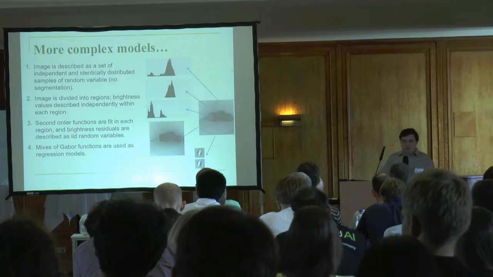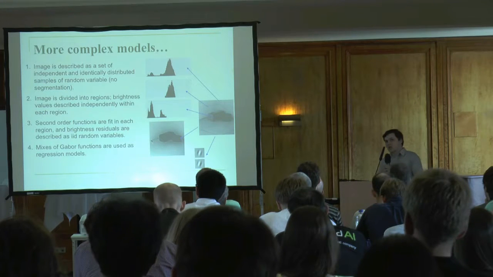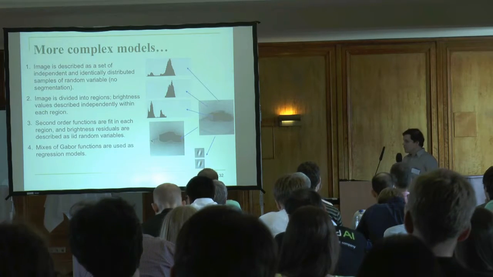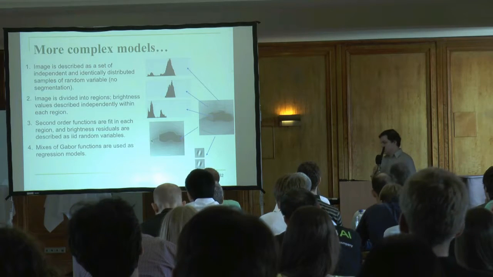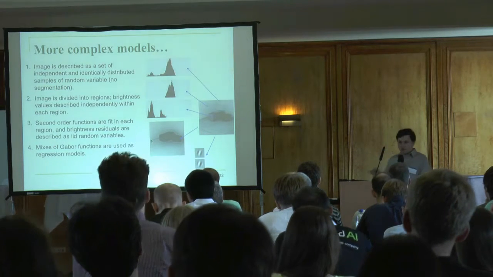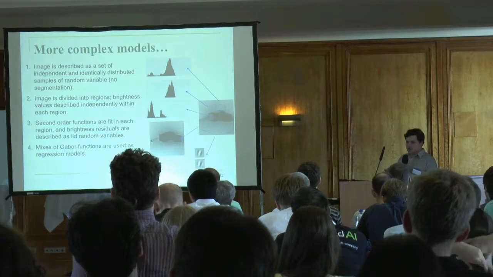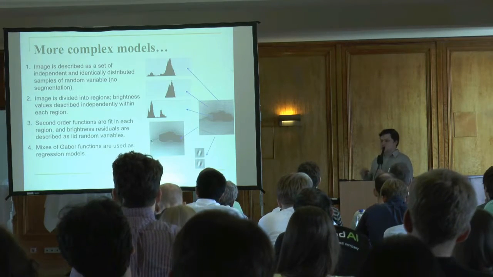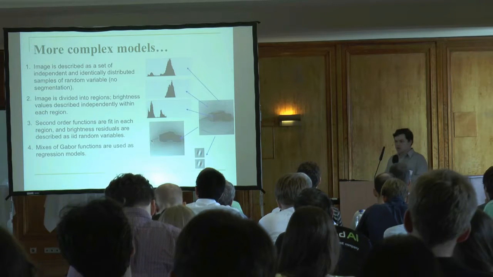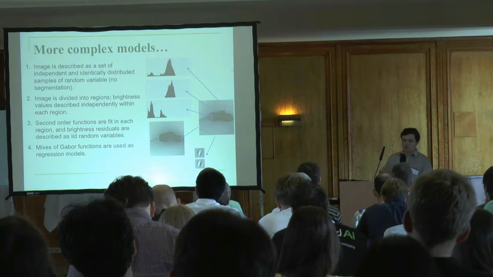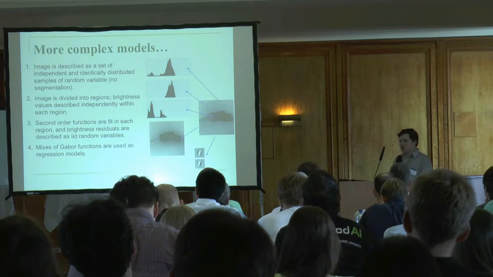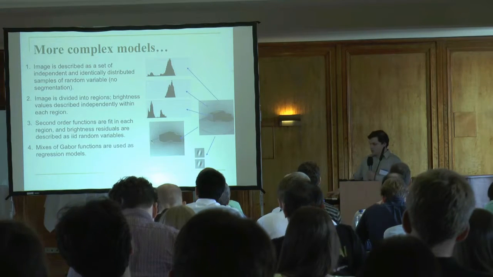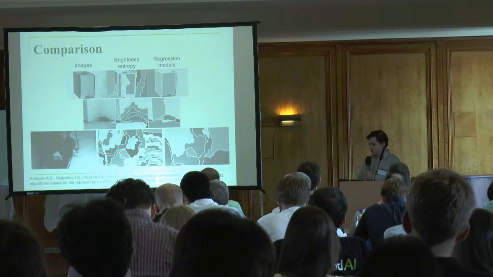Of course, we can develop some more complex models for describing image contents. For example, we can approximate each region in the image using its own regression function, and we can use, for example, polynomial approximation and Gabor wavelets or something like this.